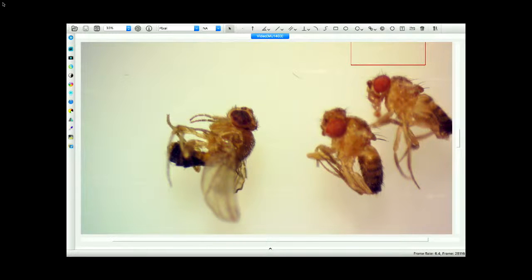I'm seeing another eye mutation here. We're seeing black eyes on this fruit fly that's on the left-hand side. Okay. The one in the middle, if we look carefully, I'm pretty sure that one would be considered apterous as well. I'm not seeing any wings on that one.